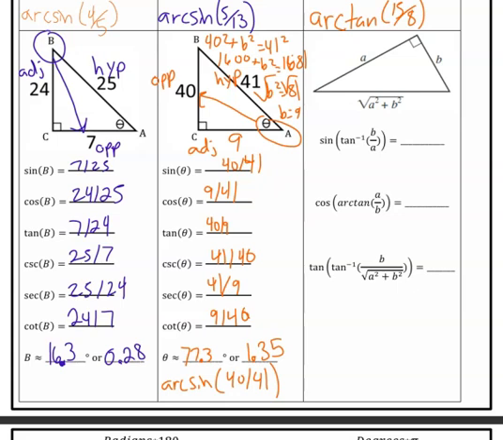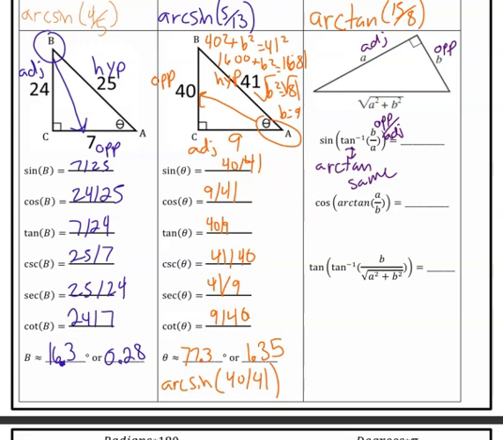We have A's and B's instead of numbers in this one. Let's look at this: sine of arctangent of B over A. By the way, arc tan is the same thing as inverse tangent. Tangent is opposite over adjacent, so that means that B has to be the opposite in this case, and A is the adjacent.